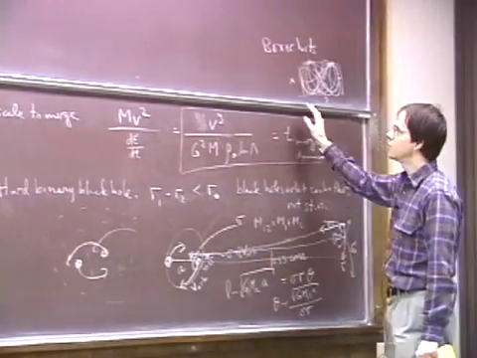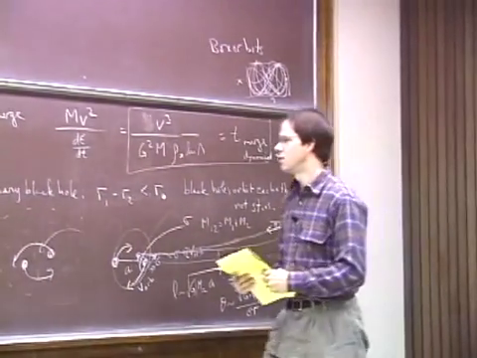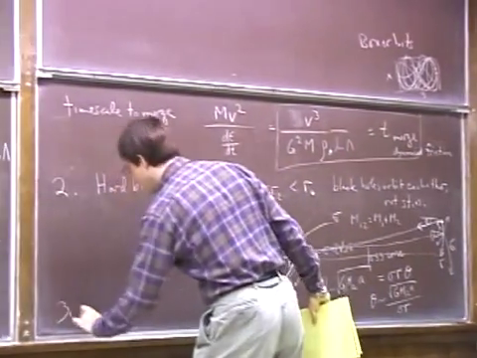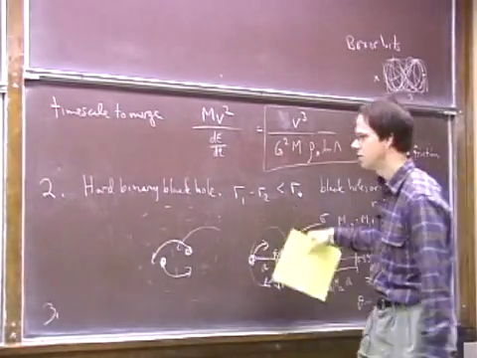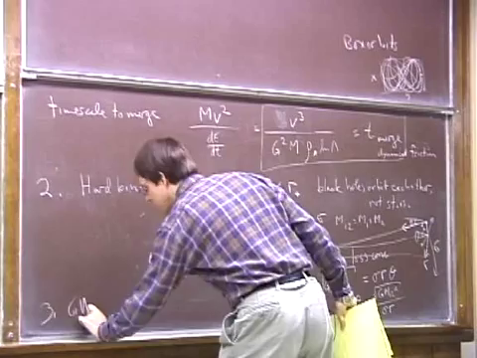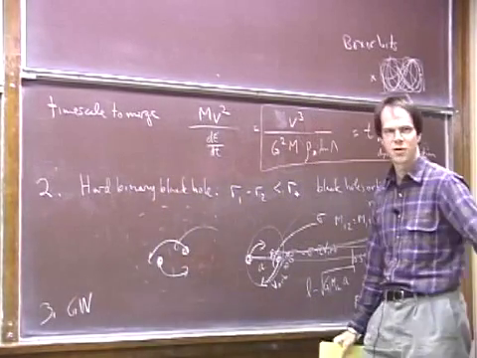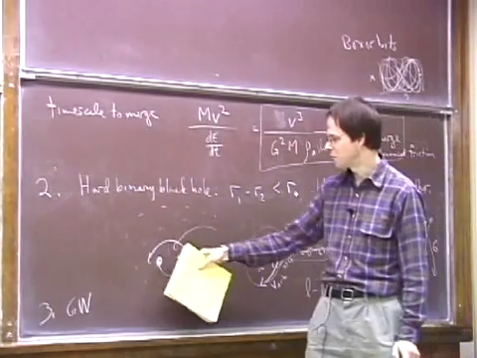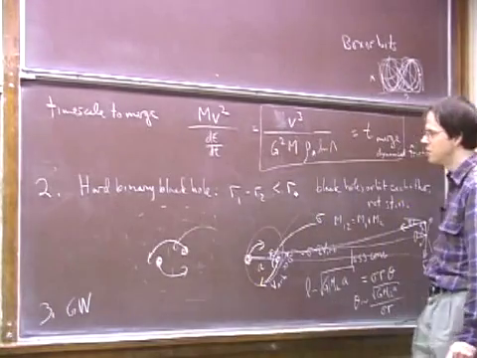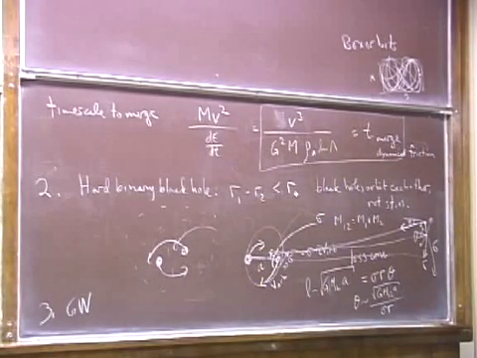So the crucial point, I should just say, is that for typical numbers, you can work out how close two black holes of given mass m have to be for the gravitational radiation timescale to merge them to be less than the Hubble time.